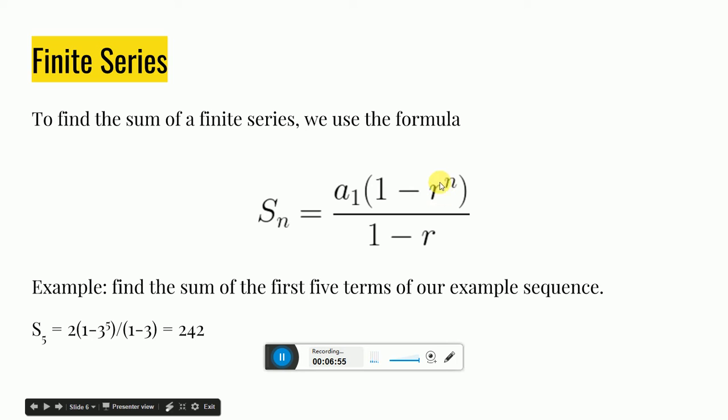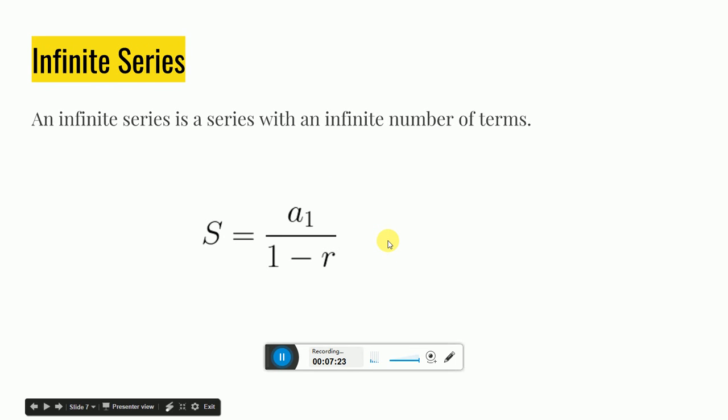So if we have a number that's less than 1, 1/2, negative 1/2, 0.1, something that has an absolute value of magnitude less than 1, and we raise that small number to a big power, then basically this thing kind of goes away to 0. So in essence, we're just left with a1 times 1 minus 0, or just a1 times 1, or just a1. And you see that's indeed how the formula changes.